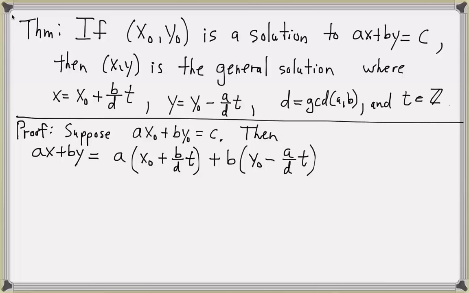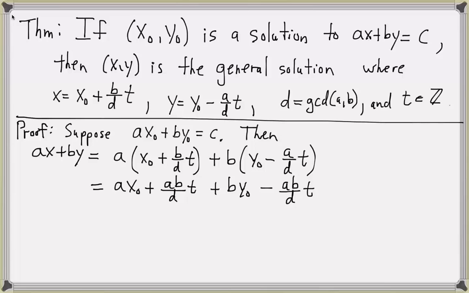Again, d stands for greatest common divisor. If I distribute, I get a times x0 plus ab over d times t, plus b y0 minus ab over d times t.